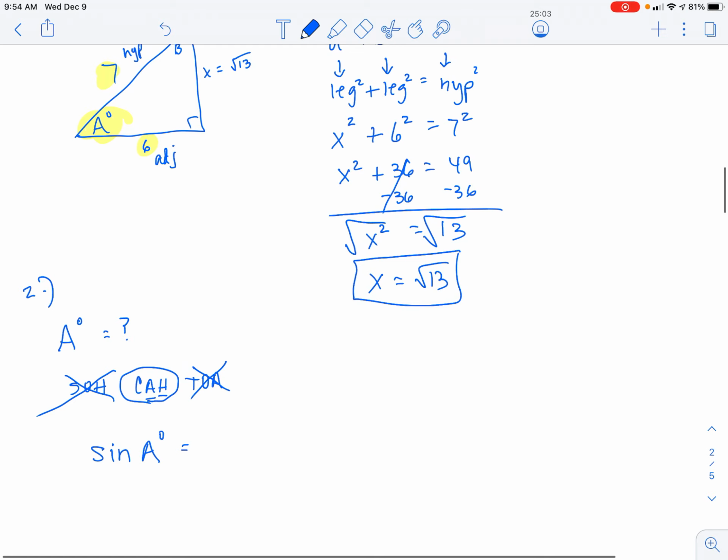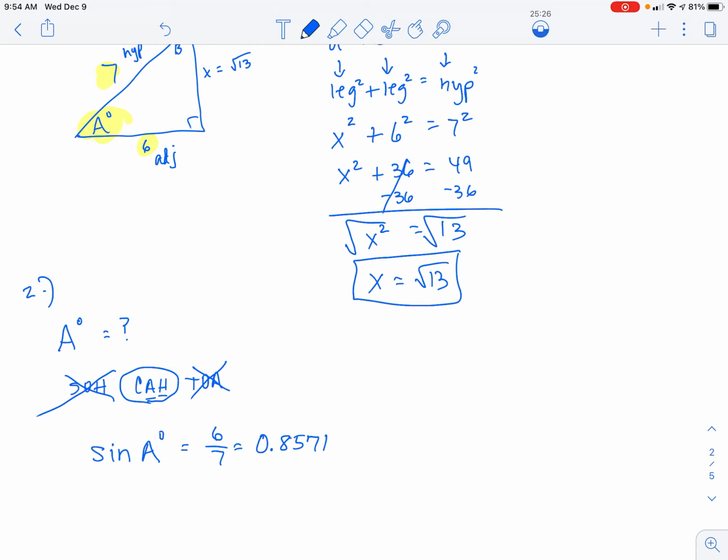So adjacent over hypotenuse is 6 over 7. So if I divide 6 by 7, I should get 0.8571. I'm going to write all that down, 0.8571. I'm not going to round that, okay?